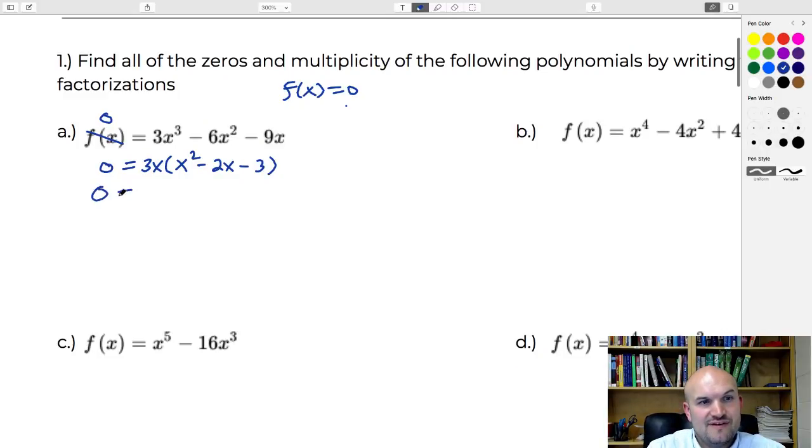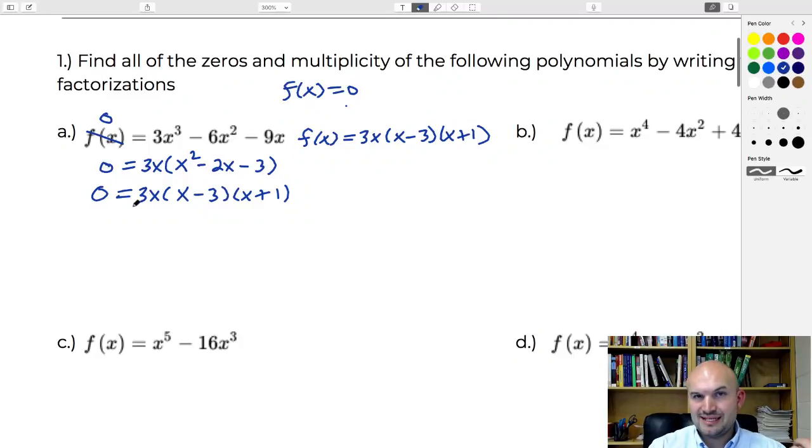We can factor this one more time as x minus 3 times x plus 1. That is my linear factorization. We can write that as f of x is equal to 3x times x minus 3 times x plus 1.